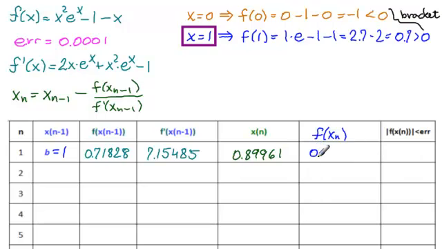0.09016. Well, we've got a second decimal. We've got to get to the fourth one. So this is false. And now we rewrite this down here. 0.89961. This is 0.09016.